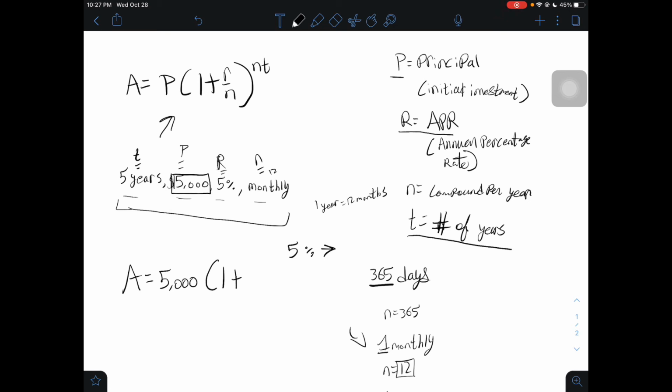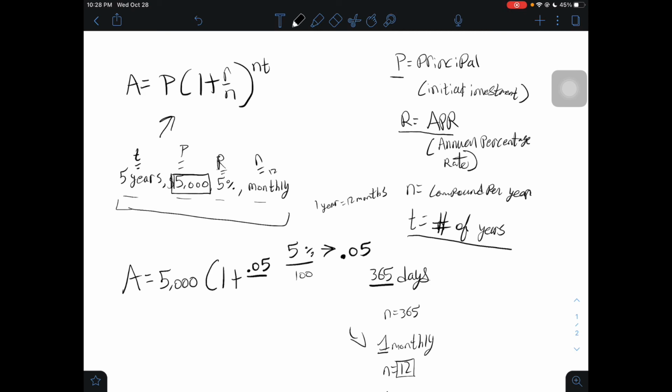So we have 1 plus a fraction, and our numerator is R, which is 0.05. Now we need to find our N value, which is the number of times it's compounded per year. In this scenario, it's monthly, so it's compounded 12 times per year.